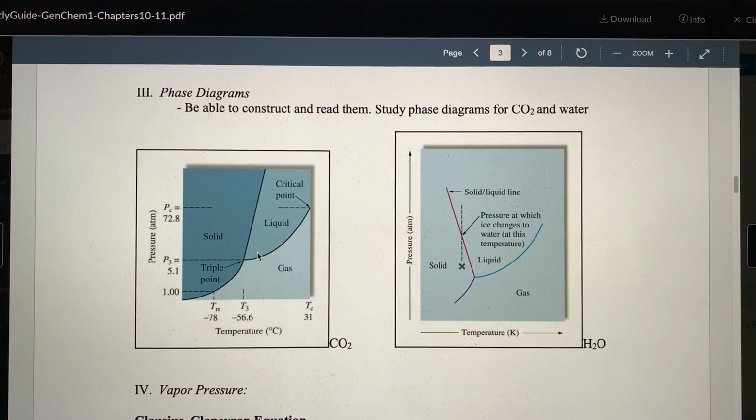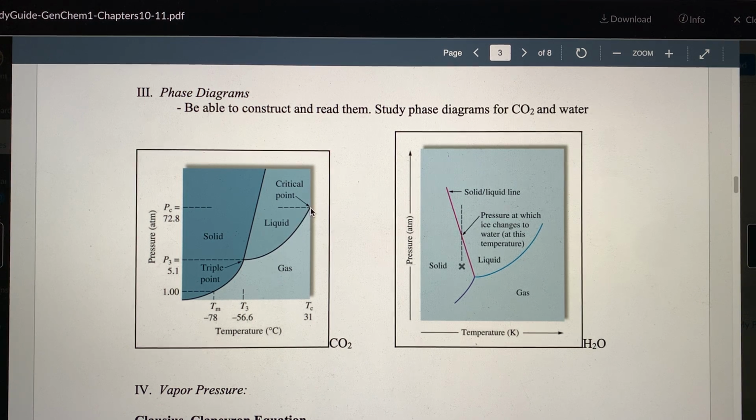And if you increase the pressure, you also increase the temperature. Notice that it's going to turn into a liquid. You guys see it? Liquid CO2. I believe they call that a critical fluid. Liquid CO2 is very useful for extraction of compounds like caffeine, things like that, nonpolar compounds, because CO2 is nonpolar.